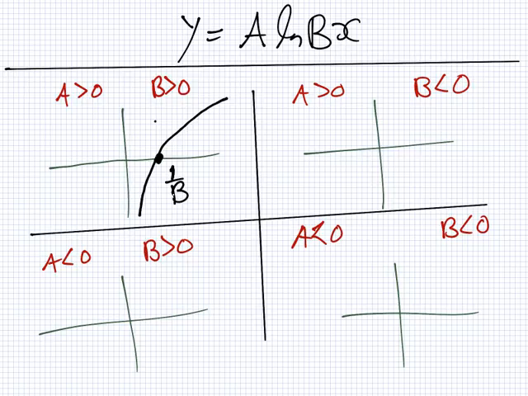Again, this is 1 over B. Here, A is positive, but B is negative. Graph looks like this. Again, this is 1 over B. And then the last one, I think, is like this. And then this one here, 1 over B.